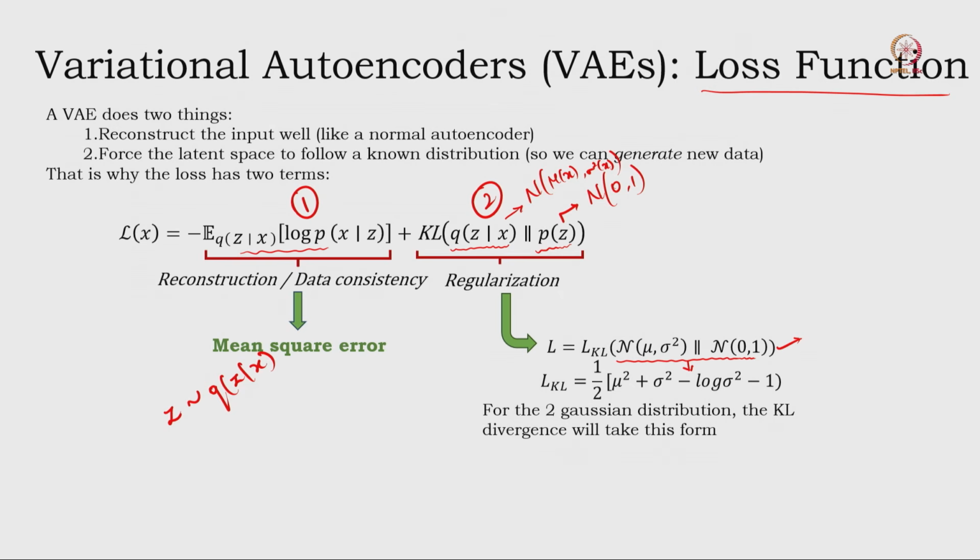The encoder is the one learning these parameters, and once these parameters are known, Z is sampled from them. Since sampling is a random operation, meaning randomly drawn from this distribution, a random operation always blocks the gradients from flowing.